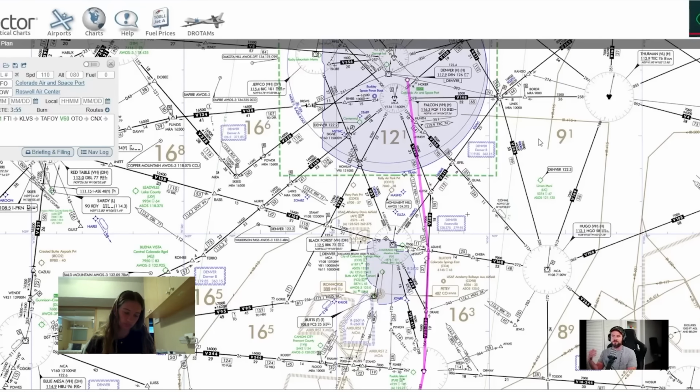Pikes 3 as filed Tafoy. So it's not direct Tafoy from the Pikes 3. Yeah. All right. Because I just remember when you read it back, you read back direct to Foy. Right? Okay, and I know I messed up giving you the clearance by saying Pikes to Foy as opposed to Pikes 3 as filed to Foy.